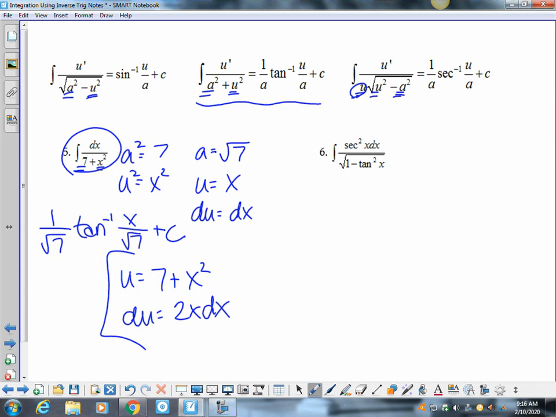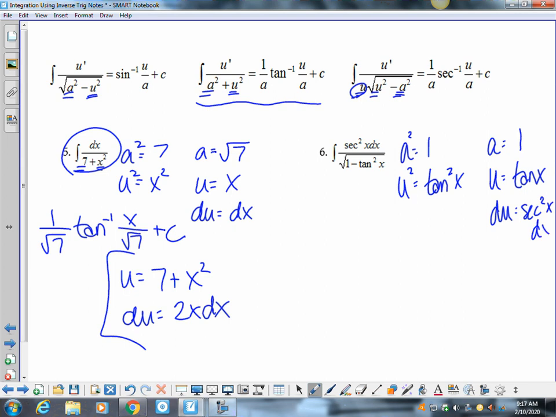Okay, looking at number 6. I see the root, I see the stuff underneath. So what's A? Oh, sorry, A squared. What's U squared? So what's A? So what's U? Okay, now what's du? What is the derivative of tangent, which I have sitting on top?